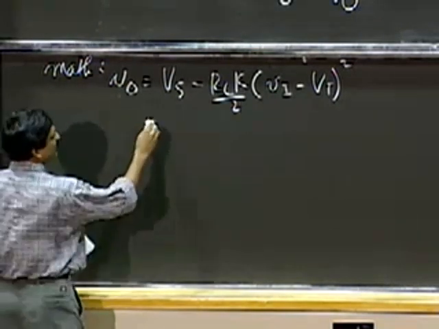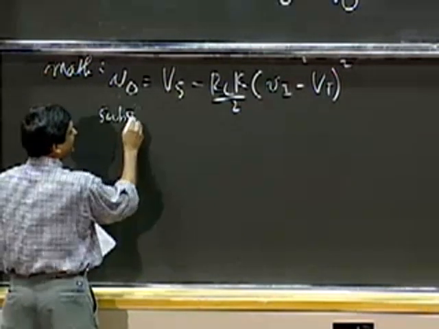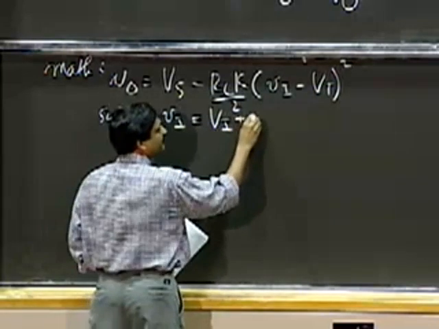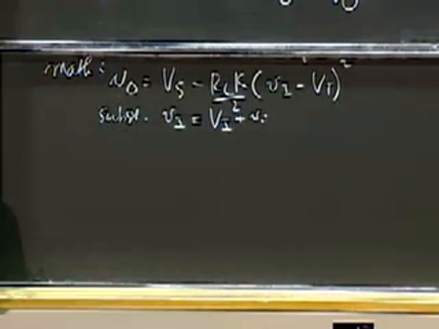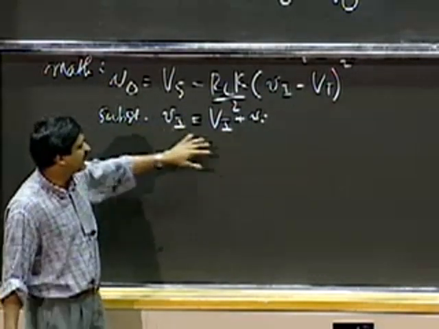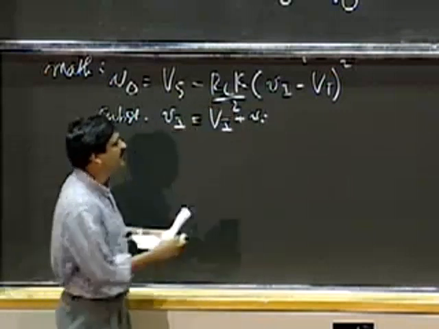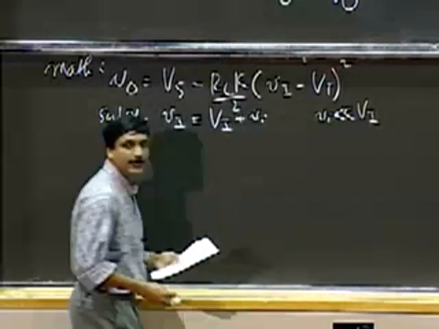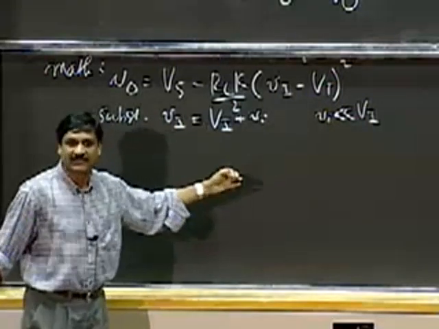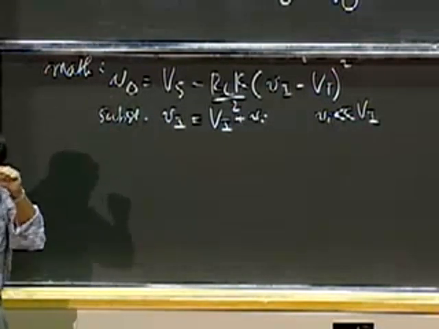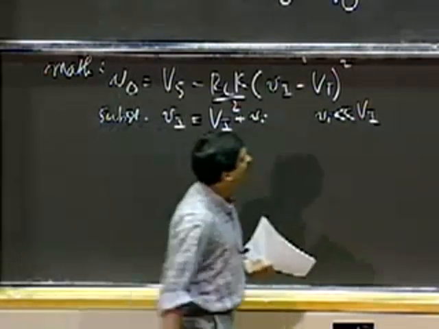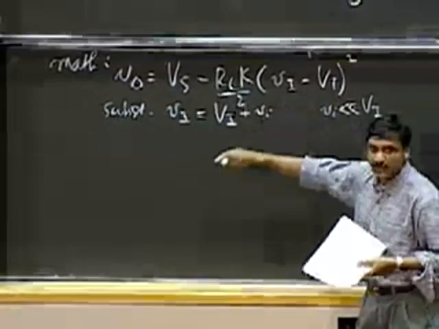In other words, I substitute for VI a big DC capital VI plus small vi, so small vi is much smaller than capital VI, and show you for yourselves that the output response, small vo, is going to be linearly connected to small vi.